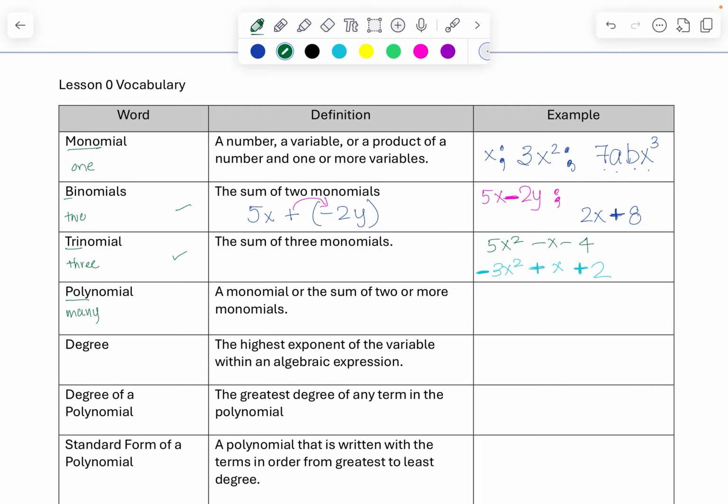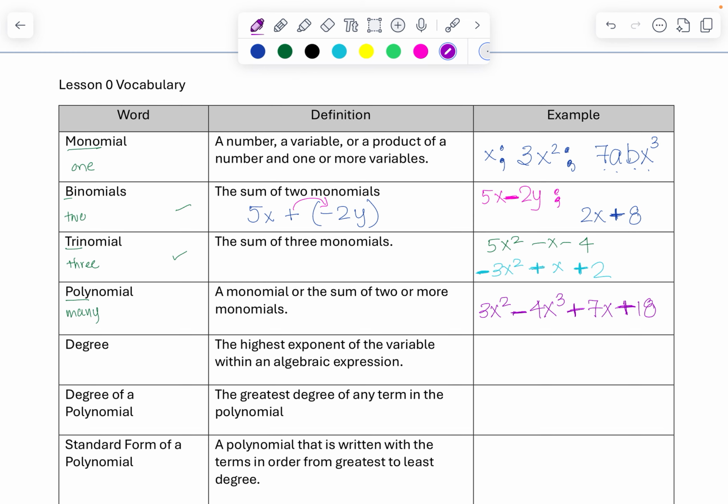An example here would be something as outrageous as, let's say, 3x squared minus 4x cubed plus 7x plus 18. And those are 4 terms. They're each separated by an addition or subtraction sign.